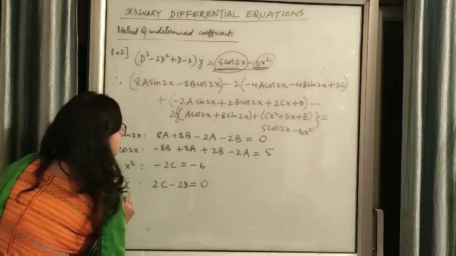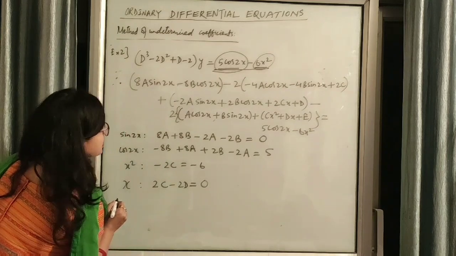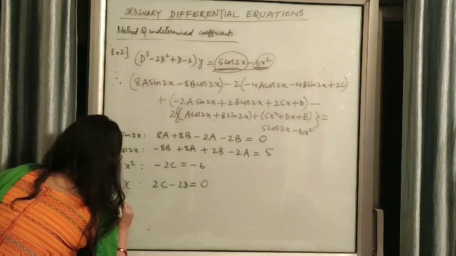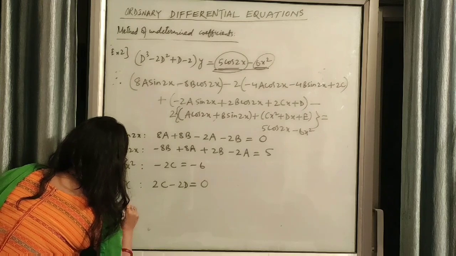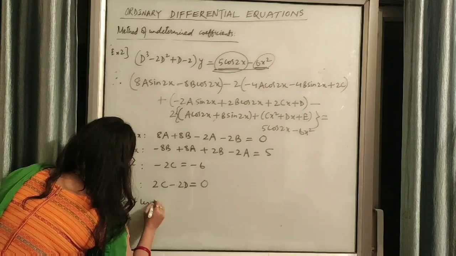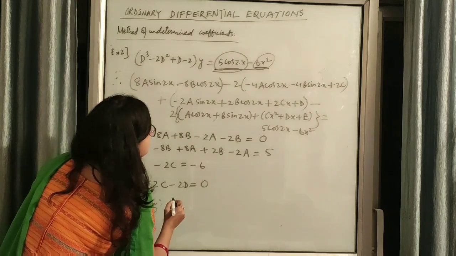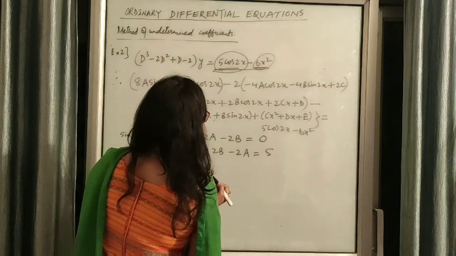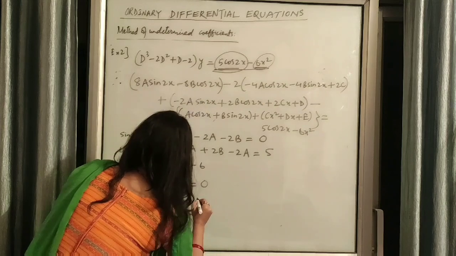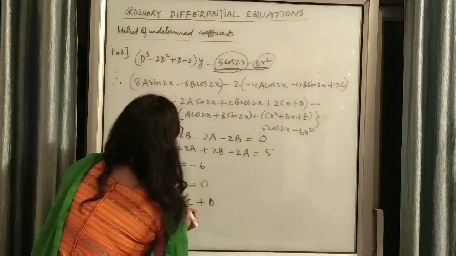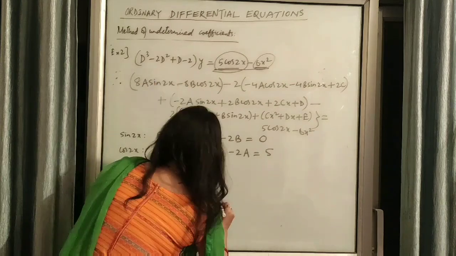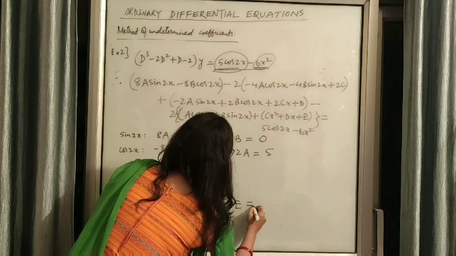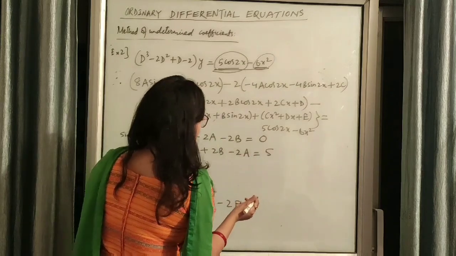Next the constant term on the left hand side we have minus 4c plus b minus 2e. There is no constant term on the right side, so it is equal to 0.